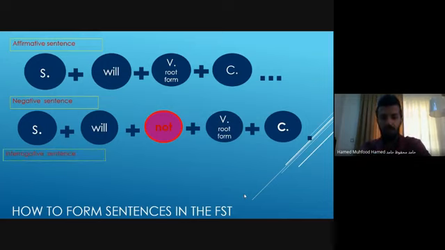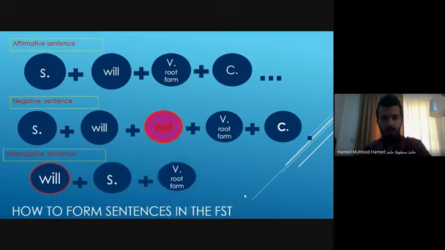And what else? We said that if we want to form an interrogative sentence in the simple future tense, we should start with will, which should be followed by the subject and then the main verb of the sentence in its root form, and then the complement, and then the question mark. And I told you to pay attention to the question mark, right?